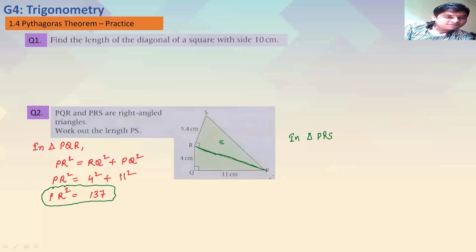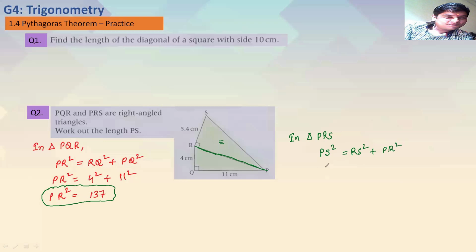I want you to state the names of the sides in the expression. PS is the hypotenuse, right? PS squared is equal to RS squared plus RP squared. PR or RP, it's one and the same thing.